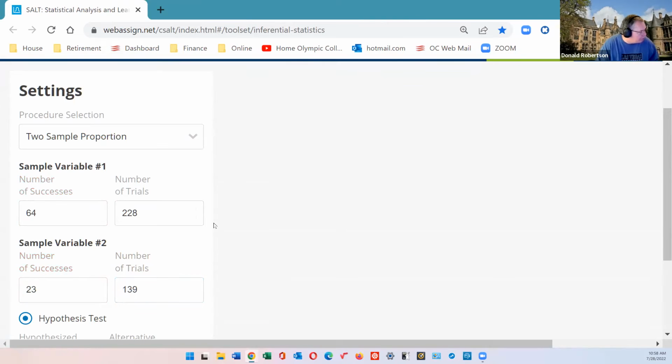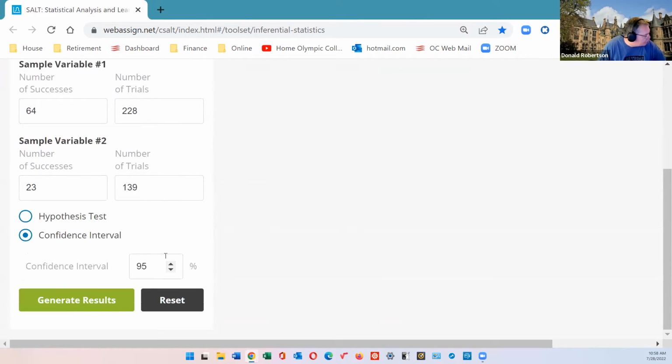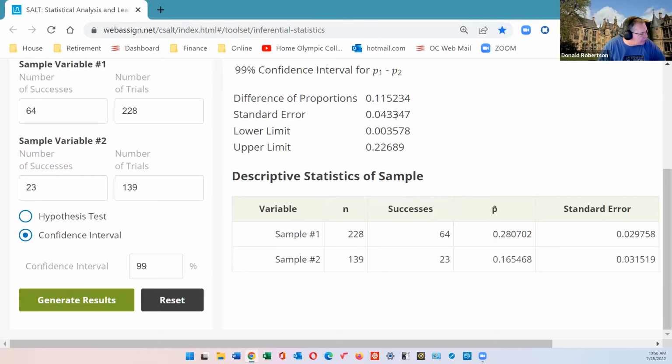So what we're going to compare is two different native reservations and the percentage who had traditional native style houses, with a confidence interval at 99%. Generate the results.